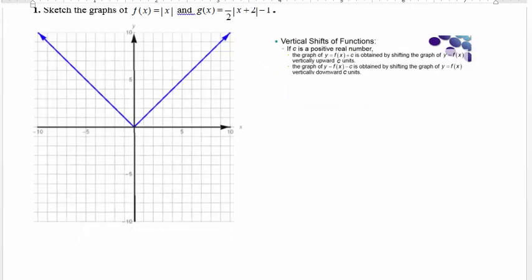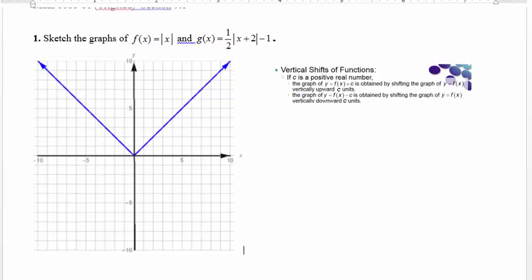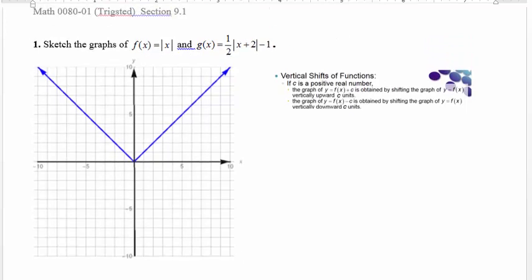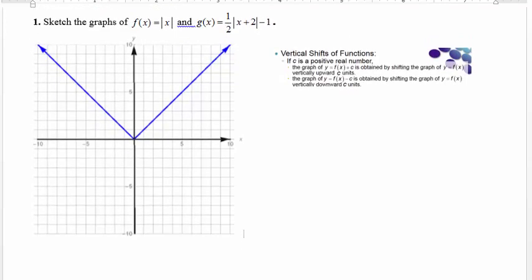So here's what the graph of f of x equals the absolute value of x looks like. It's a V-shaped graph. And how wide it is or how narrow it is, where the point of the V is, so by point I mean where the graph changes direction.